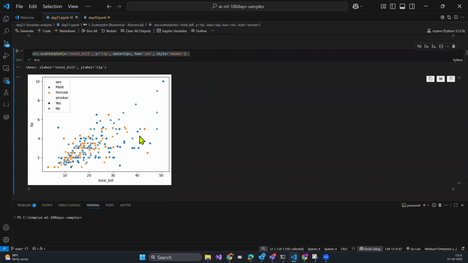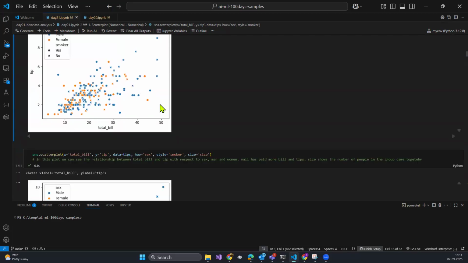Here you can see that on the female side, we have very few smokers. And as we move up, we are able to see more smokers on the male side, right?